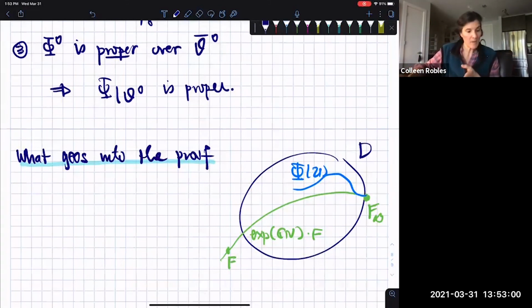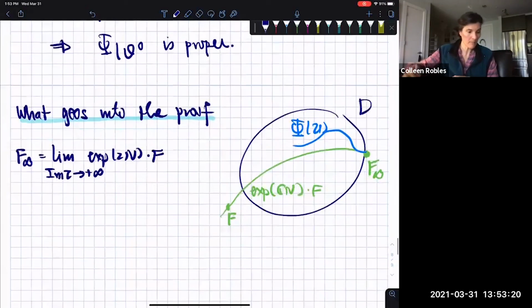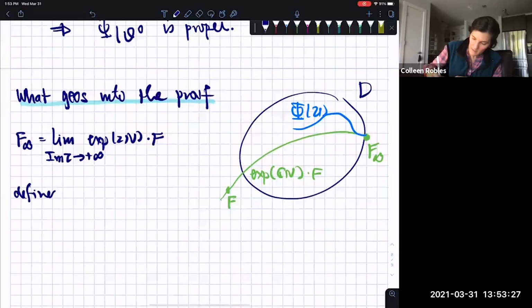And you can use this to define this F infinity, which is the limit as the imaginary part of z goes to plus infinity of exp(zN) dot F. This is independent of various choices. And this defines what you might call a sort of reduced limit period map.